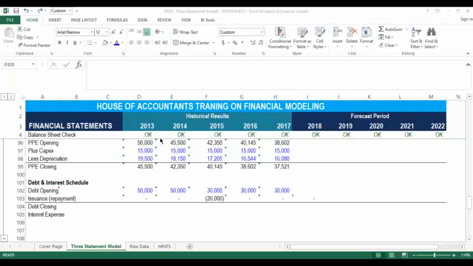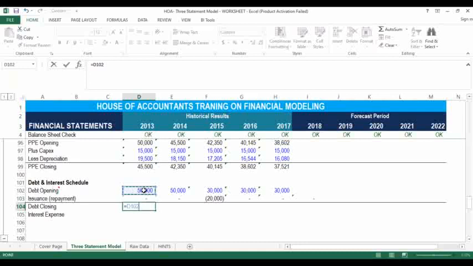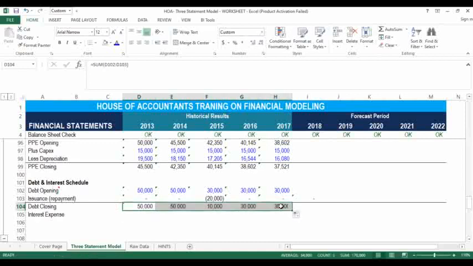So it's limited to that. So we have to bring the closing debts. Let me just add it together to get the closing debts, and you get this. Just drag it down up to this point and you are good to go with that aspect.